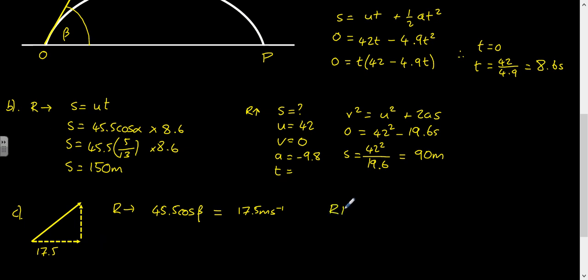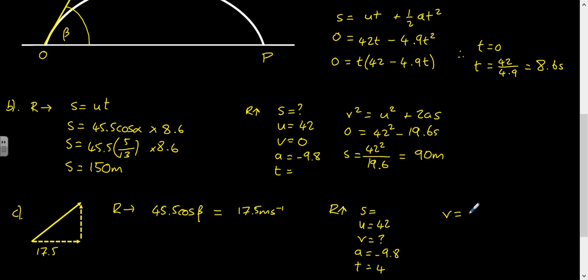Now let's find our vertical speed. And whenever we go vertical, we have to use suvat. You will use suvat a lot in these questions. So we know the time is 4 seconds. We know the acceleration is minus 9.8. We're trying to work out the final velocity at that point, and we know that the initial velocity was 42. Again, that's the 45.5 sine beta.